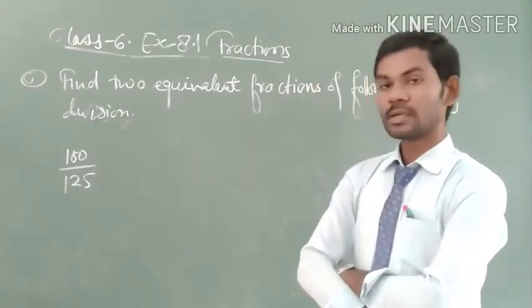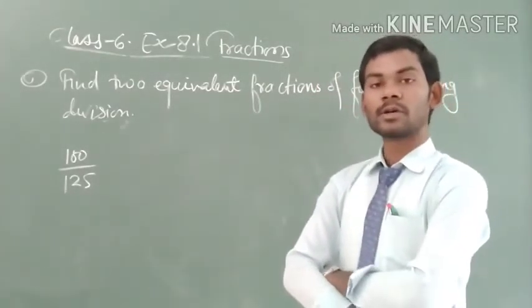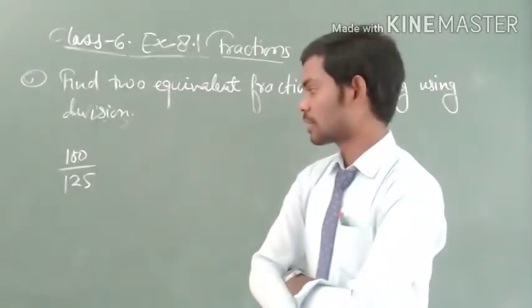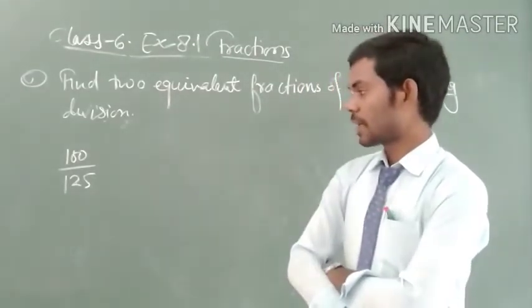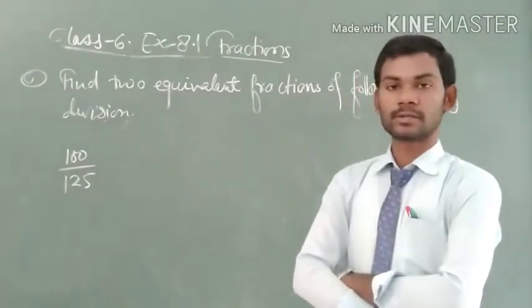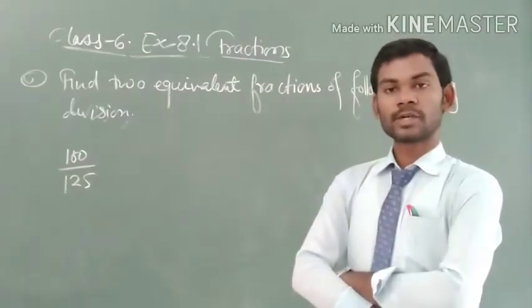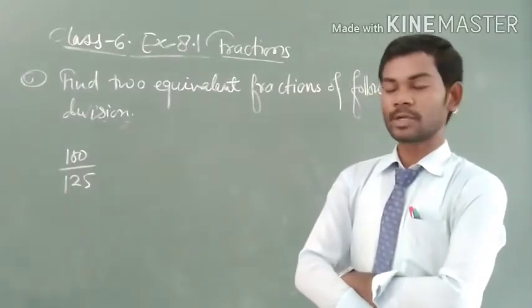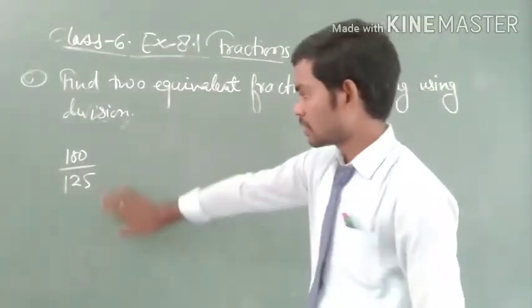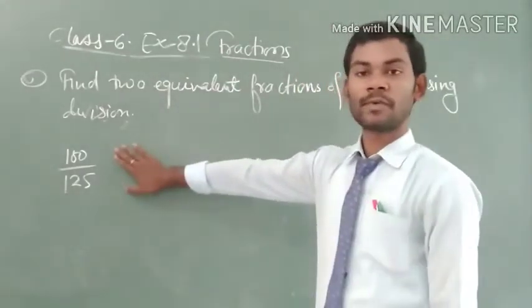So here we have to divide the numerator and denominator by 5, because if we see the denominator, 5 is the unit digit. So it is clear that the numerator and denominator of this fraction should be divided by 5.